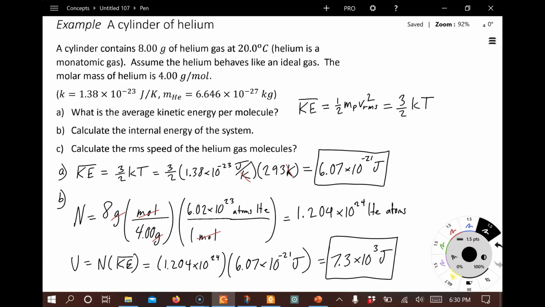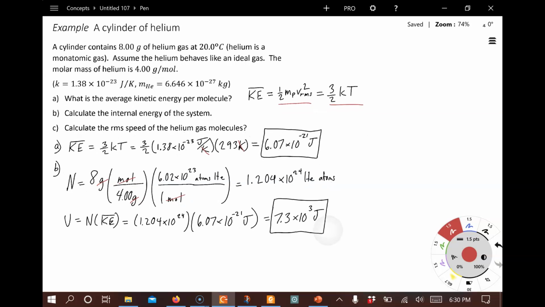Finally, part C, calculate the RMS speed of the gas molecules. We can actually do it just by solving for the RMS speed with any of these equations if we want. I'm going to go ahead and do it with the 3/2 kT, right? So for part C, if we say we have 1/2 mass of the particle, that's the mass of helium, times VRMS squared, equal to 3/2 kT.